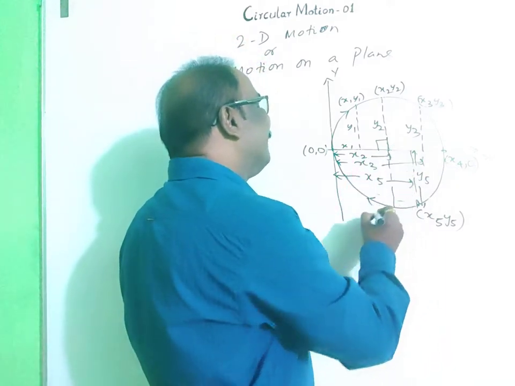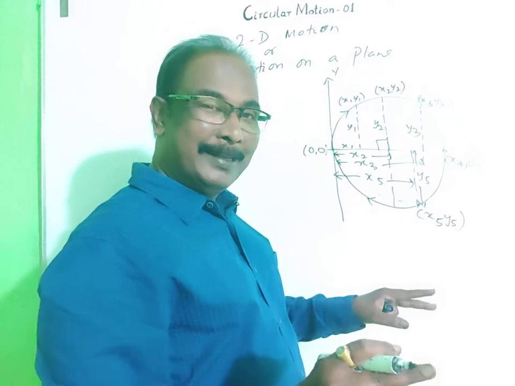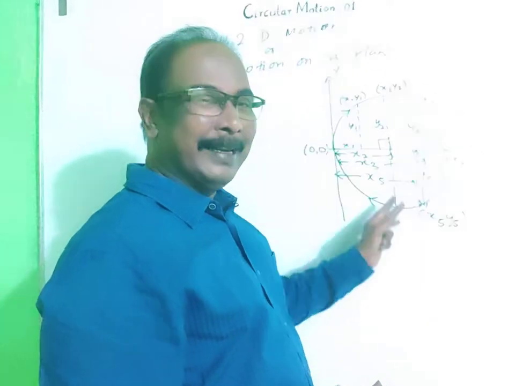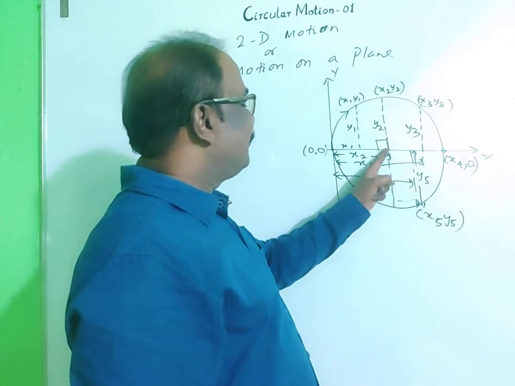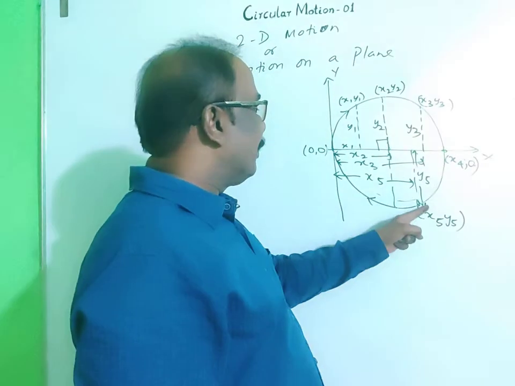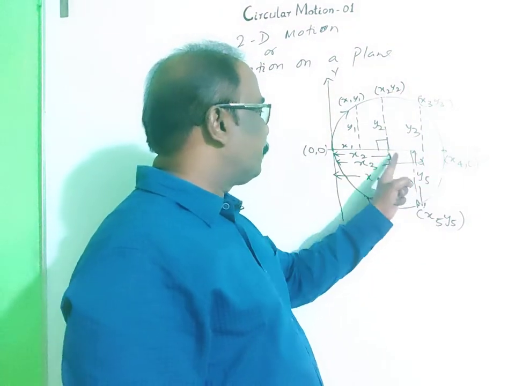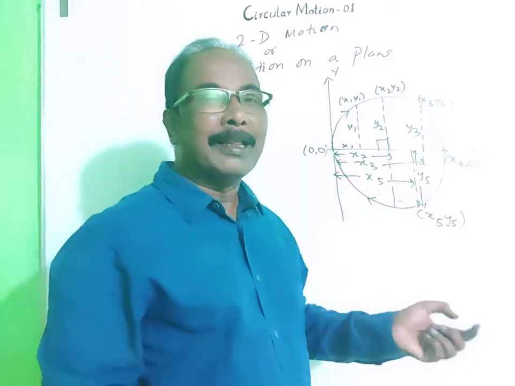And here again, the values are x2, y2. Okay, without considering direction, positive, negative. Okay, this is x2, y2. Means again, value of x is decreased from this value x4 to x2, but value of y is increasing from 0 to y2. And so on till it reaches the original position.